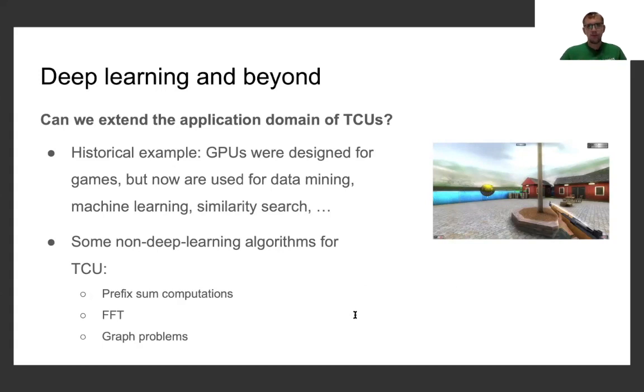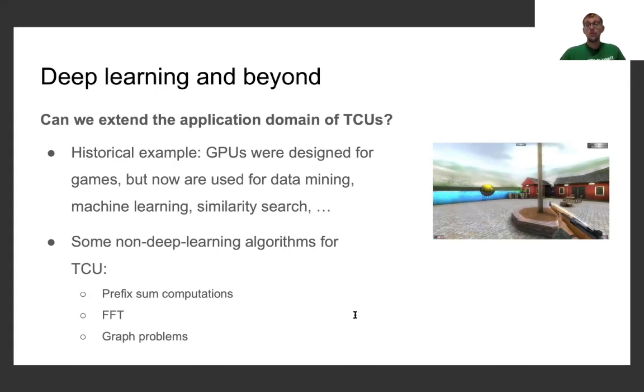Let's make a historical example. Take graphical processing units, GPUs. These boards were designed for games, but now they are used for data mining, machine learning, similarity search. And now what we would like to do is to repeat the same with Tensor Core Units.